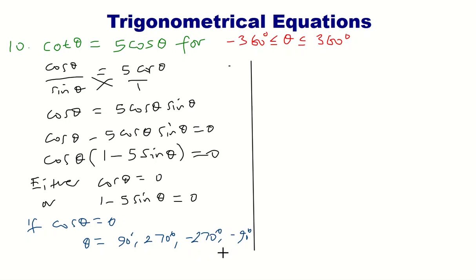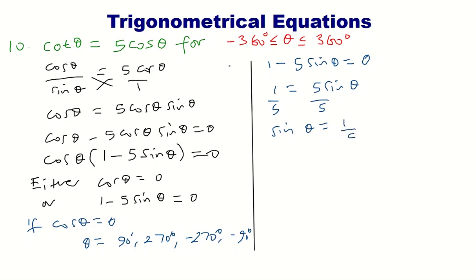Let's get other values from the second equation, which is 1 minus 5 sin theta equals 0. We have 1 equals 5 sin theta. If you divide by 5, we end up with sin theta as 1/5. Get theta from the sine inverse of 1/5.